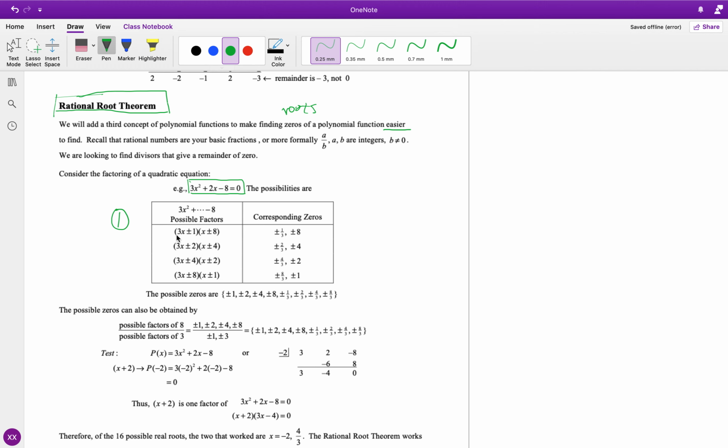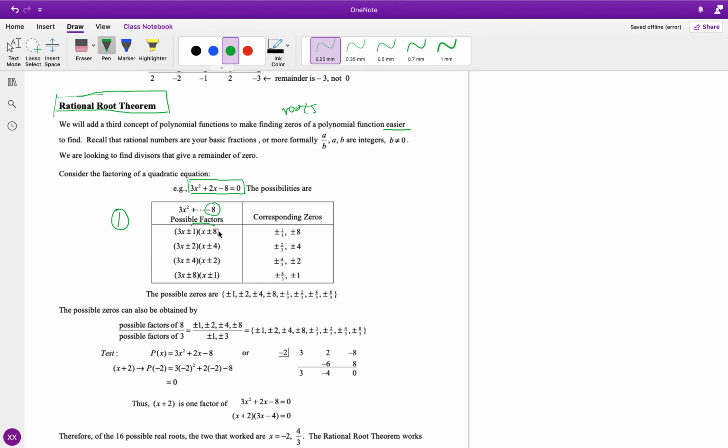So in terms of that, you only have these different choices. The constant, -8, only has the possibility of being broken into positive 8 and negative 1, or similar pairs, because in the end they multiply together to give you -8.